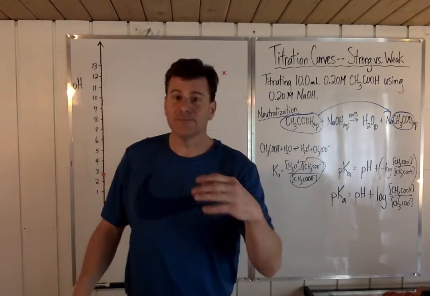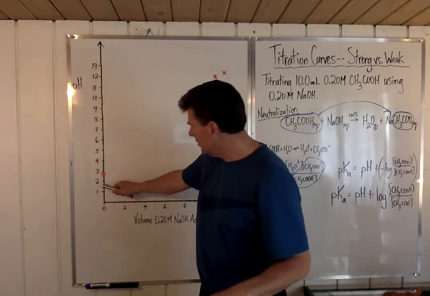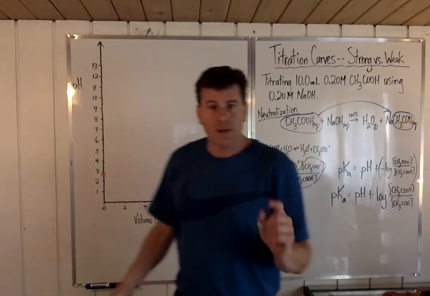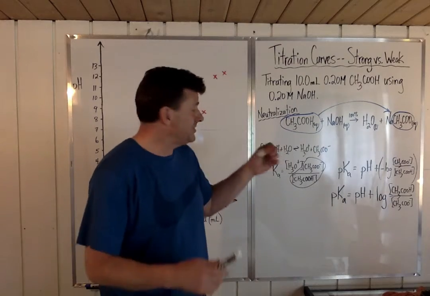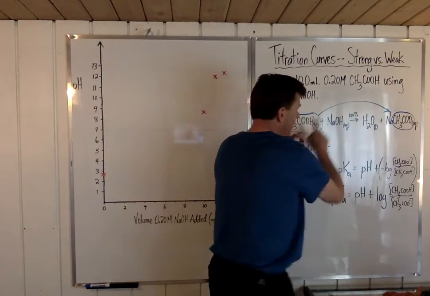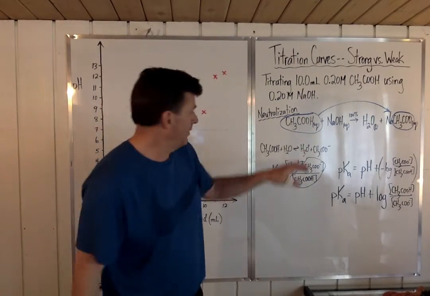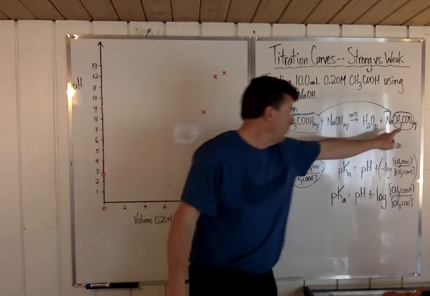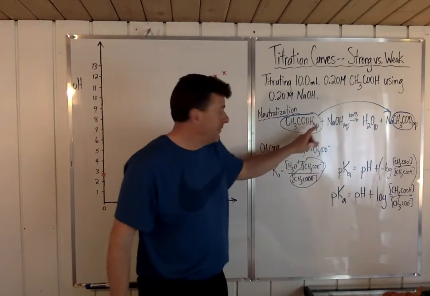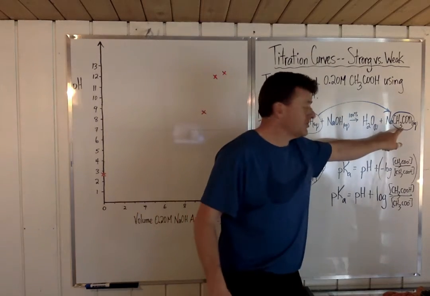As I'm progressing through this titration, you're altering the ratio of this and this because you're forcing the reaction to go. You start with almost all of this and almost none of that. Then this gets whittled away and goes down and down, and this goes up and up.